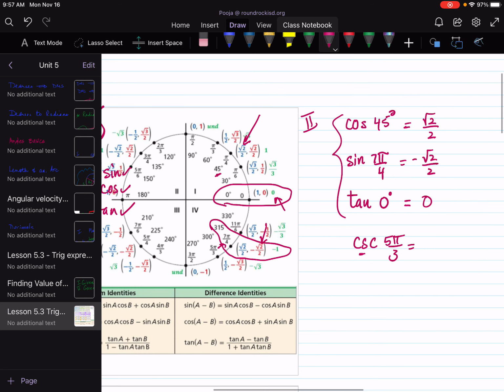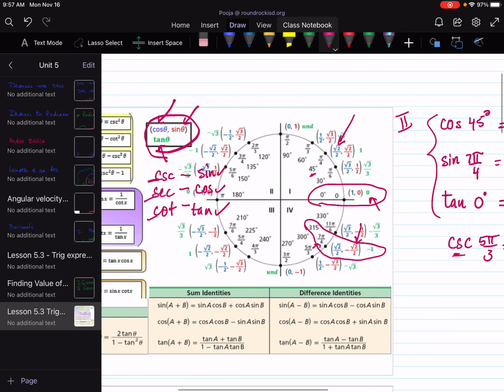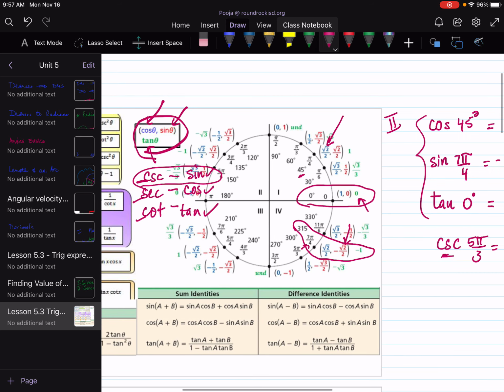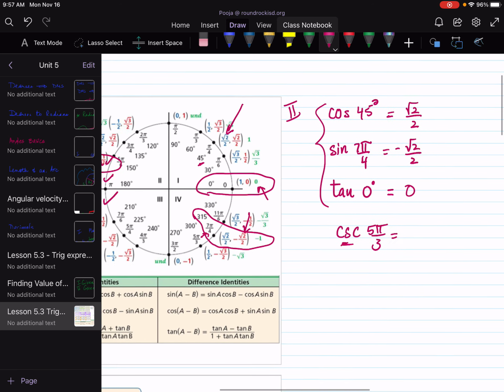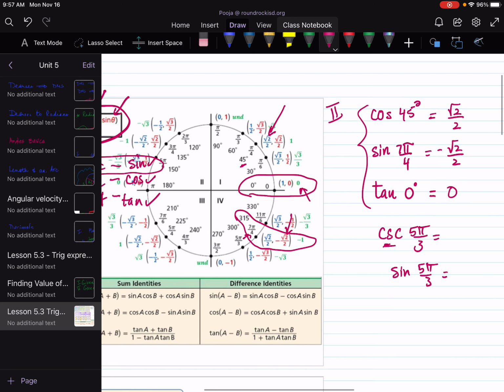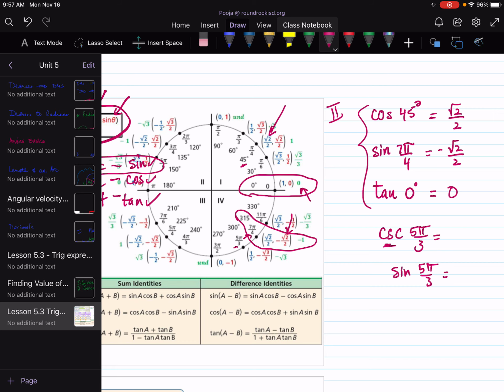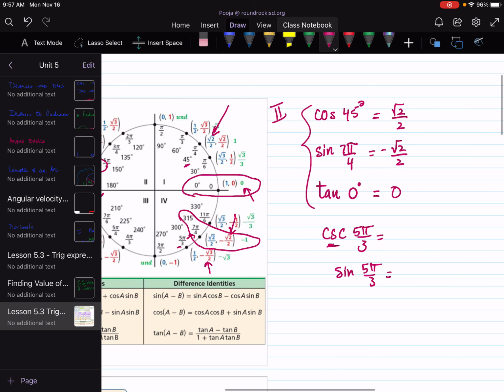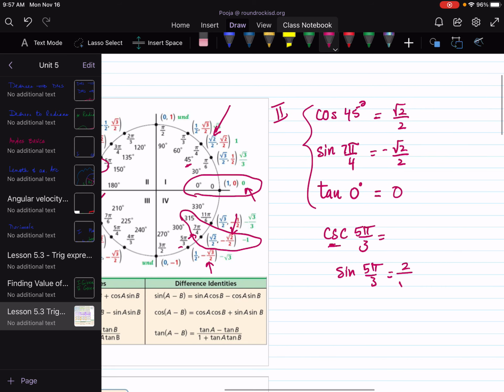Now this one's asking me cosecant, and cosecant is paired with sine, so I have to find sine first and then find the reciprocal of that to get to cosecant. So I have to find sine of 5 pi over 3. 5 pi over 3 is right here, and the sine is the y-coordinate. So that's negative 2 over root 3.